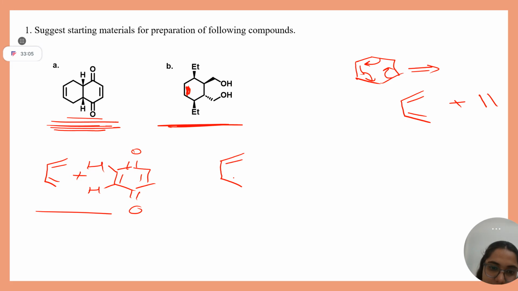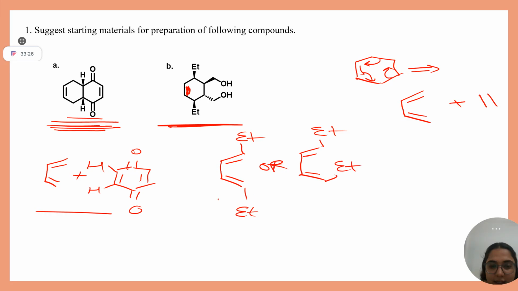Okay. First you tell me, either this will be your diene, or this will be your diene, and why? Among A and B, which is your possible diene?